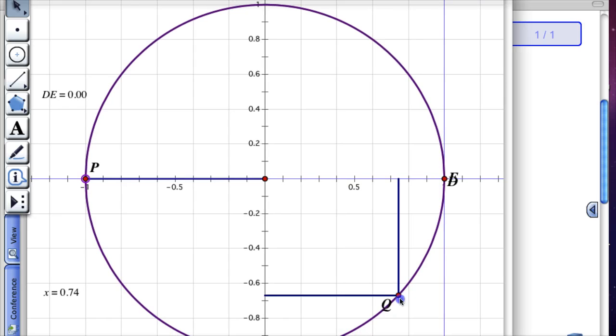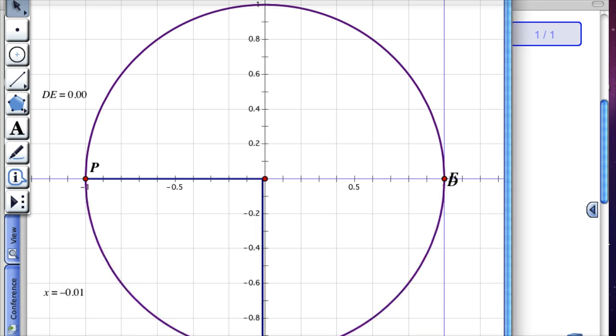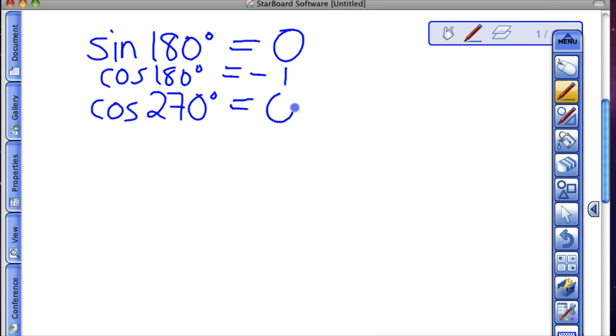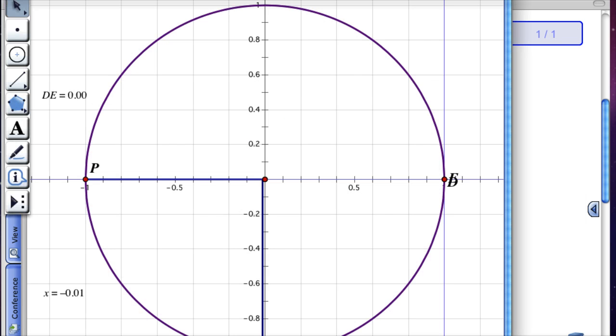I'll have to take my lower coordinate point and bring it all the way down here. Down there at the bottom, the x-coordinate is not left or right, it should be right on the middle of the line, and so cosine of 270 is actually equal to 0. Sine, on the other hand, of 270 is equal to minus 1, because now the sine value is way down at the bottom.